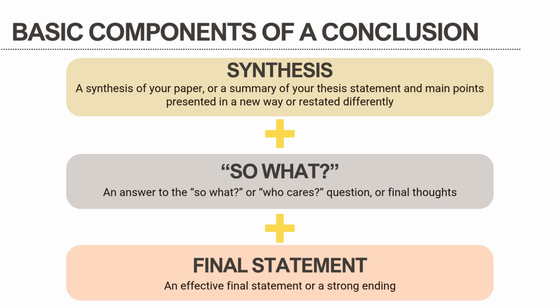And the most important part of a conclusion is the so what. So you have to ask yourself at the end of your paper, okay, I just talked about all these things, but so what? Who cares? Right? And the answer to that question is what you want to have in your conclusion. And of course, you always want to end the paper with a strong final statement.